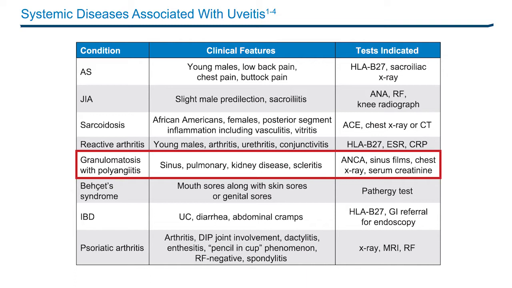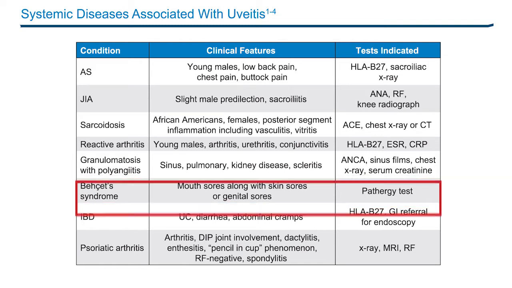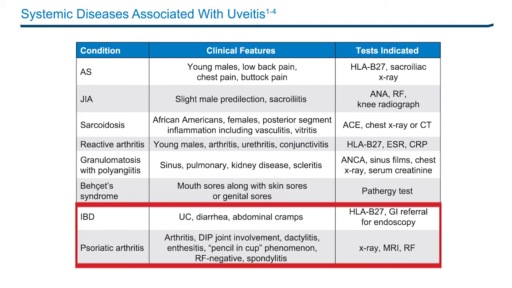That one is more likely to present like retinal vasculitis, and of course Behçet's you mentioned, and those systemic manifestations include ulcers in the mouth and genitalia, as well as acneiform skin lesions. Inflammatory bowel disease, as well as psoriatic arthritis and psoriasis, also commonly cause uveitis.